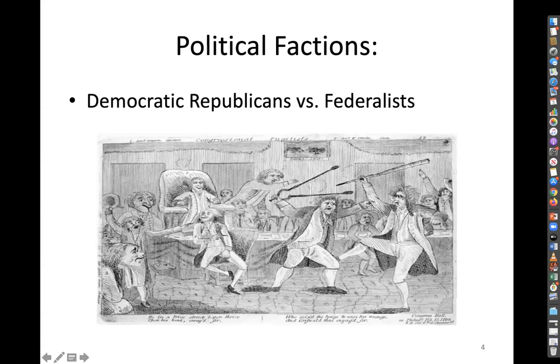The Federalists, now let me remind you, the Federalists were those leaders who actually created the Constitution, right? The Constitution that was debated and drafted from 1787 through 1789 when it was finally ratified. And it's now the new Constitution, still with us today, obviously.